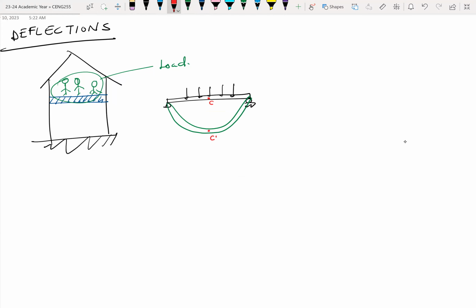So it means that your point C has changed location vertically. Because it has changed location vertically, we can calculate it.